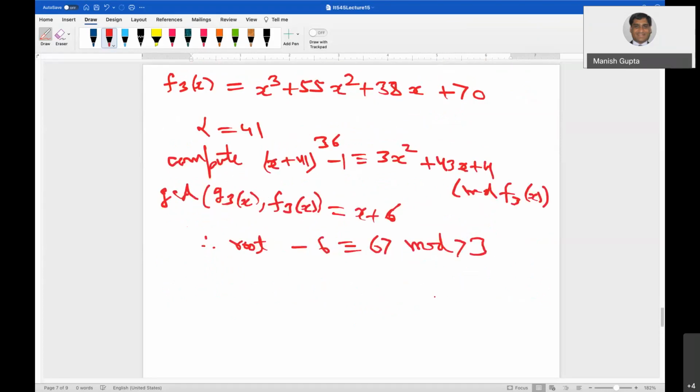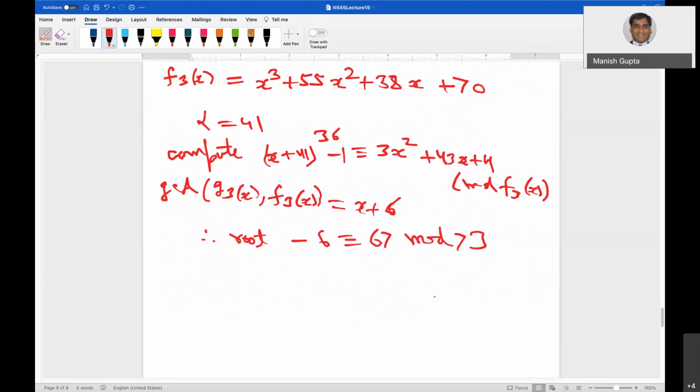So we can now split the cofactor. f4 of x, the cofactor, will be f3 of x divided by x plus 6, and it turns out to be x square plus 49x plus 36.